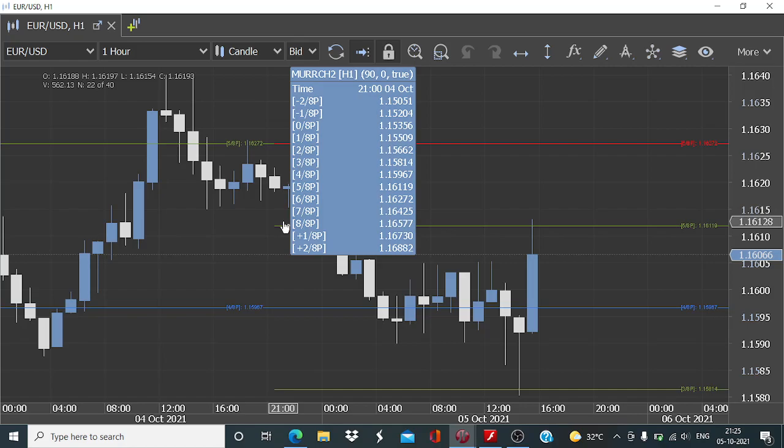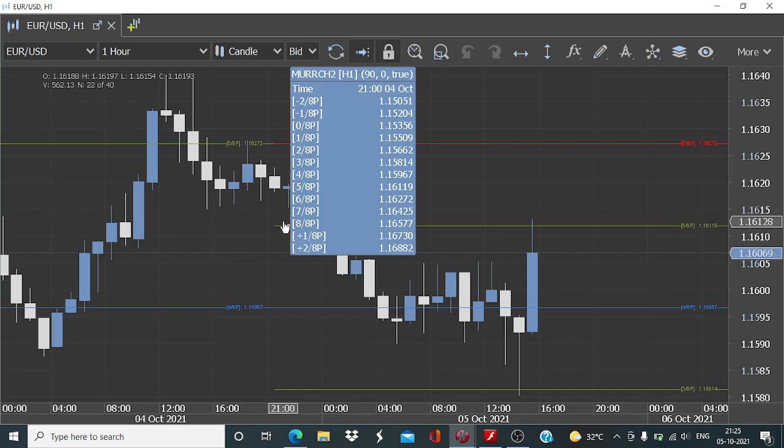We will be placing the sale order at that point in time, but for that trade to be executed we need the last hourly candle close to have happened below the second of 8 pivot point of the Murrey channel. So that will indicate that the momentum is bearish and the price is falling. And now is the time to go for the execution of the sale trade.